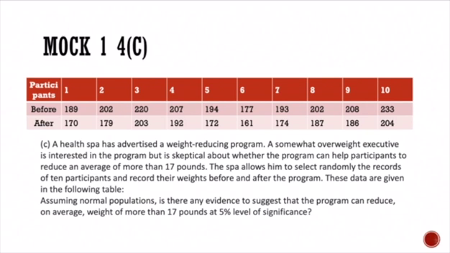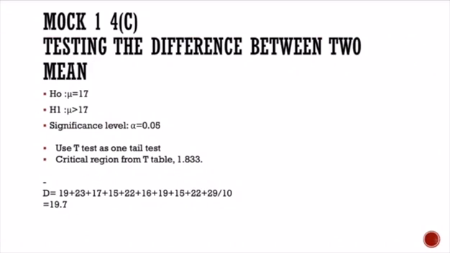So from this chart we can see all 10 patients' weights before and after. So moving on, H0 is mu equal to 7, H1 is mu larger than 7. The significance level is 0.05.